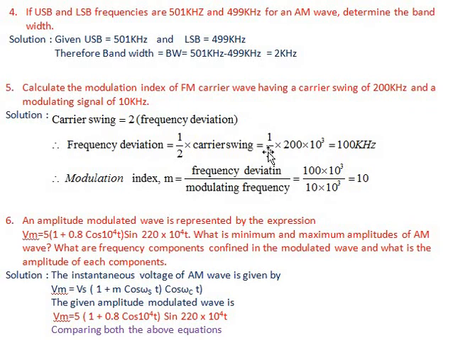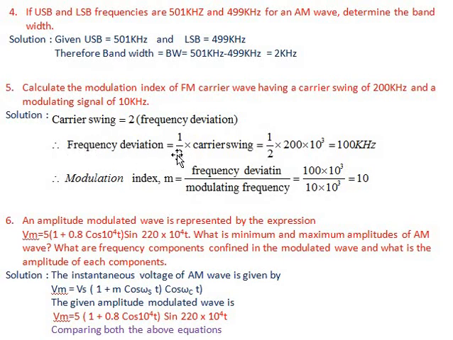Many times they have asked this problem in the question paper. So here they have given an FM carrier wave having a carrier swing equal to 200 kHz and modulating signal frequency of 10 kHz. There is one relation: carrier swing is equal to 2 times the frequency deviation.